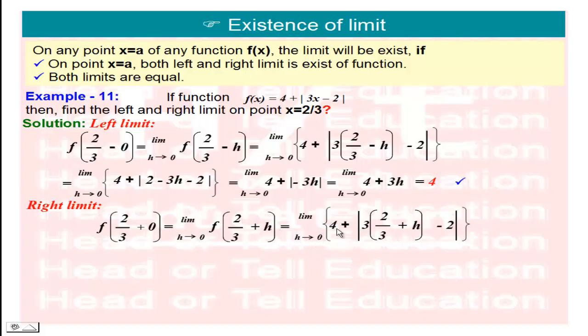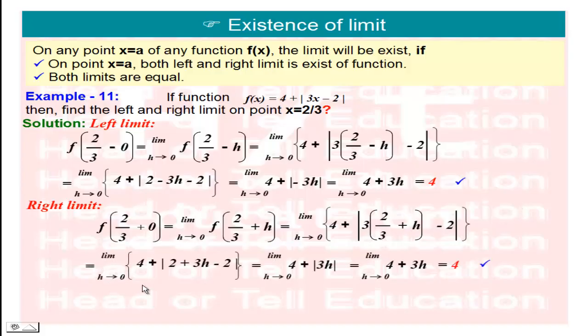So putting the value, 4 plus modulus of 3 multiplied by (2/3 plus h) minus 2, equals limit h tends to 0 of 4 plus modulus of 2 plus 3h minus 2, equals limit h tends to 0 of 4 plus modulus of 3h, equals limit h tends to 0 of 4 plus 3h. Now put the value h equal to 0. So we got the right limit equal to 4.